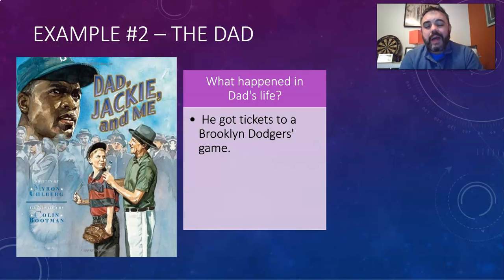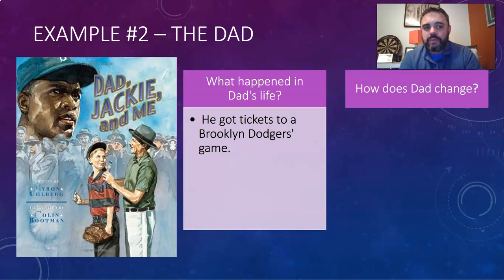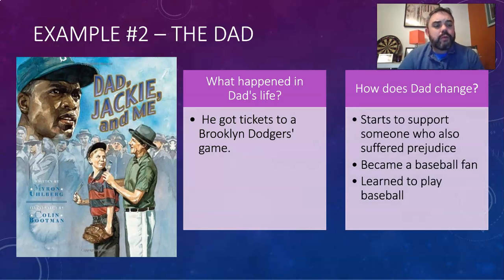Right? Now, how did he change, though? Think back. It wasn't too long ago we were talking about Dad, Jackie, and Me. How did it change his life? Well, he starts to support someone that also endured prejudice.